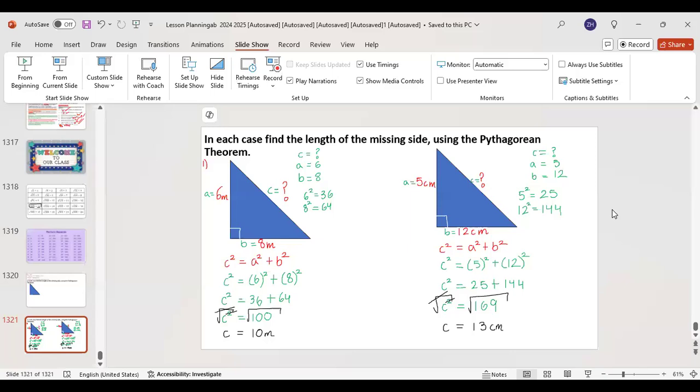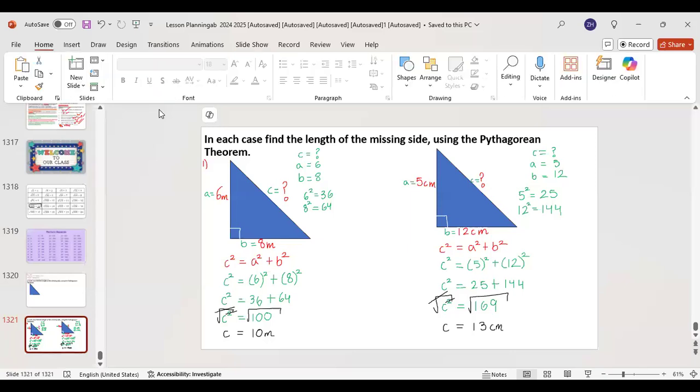I want us to look at the most dreaded topic in math, at least for a lot of students. Some students don't like it, other people love it. Fractions. So we're going to do this first example.